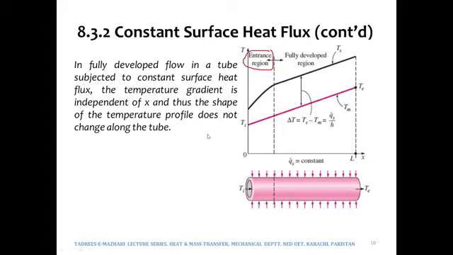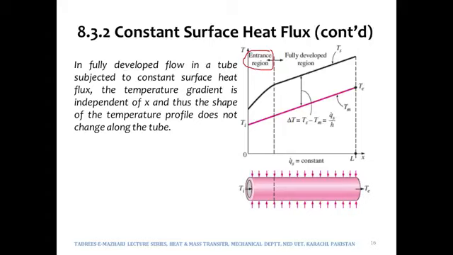So therefore, if we make use of that particular equation of convection, hAΔT, we will write it as Q is equal to h times A times Ts minus Tm. Now since Tm is a minimum at the inlet and Q is to remain constant, let's say Q by A, or heat flux, is to remain constant. On the other side we have three parameters, h, Ts and Tm.